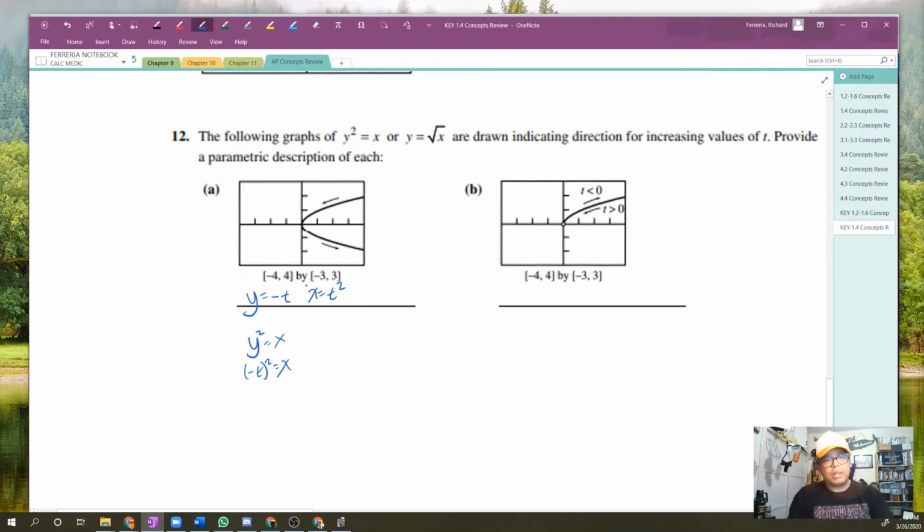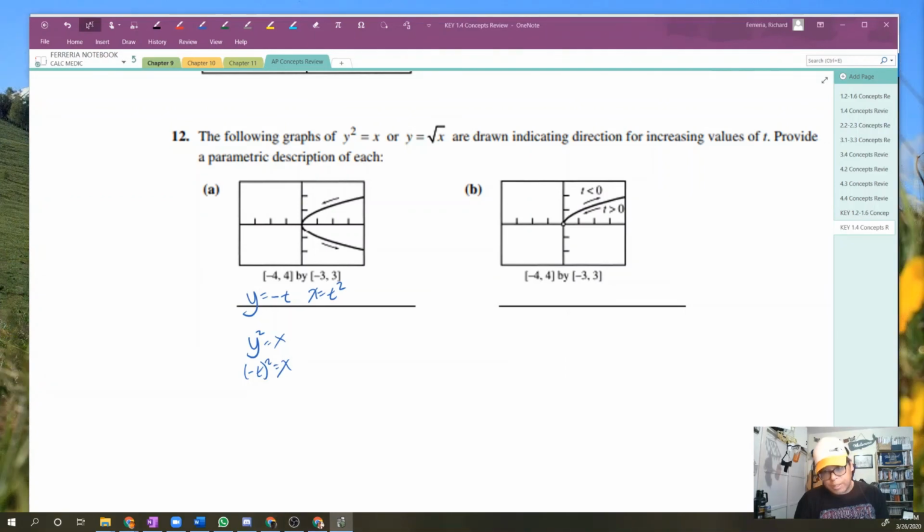So now let's take a look at letter B. For 12B, what I noticed, and don't assume that I'm always just looking at the y-coordinate, is that the y-coordinate goes out to positive infinity and then comes backwards as t approaches positive infinity.